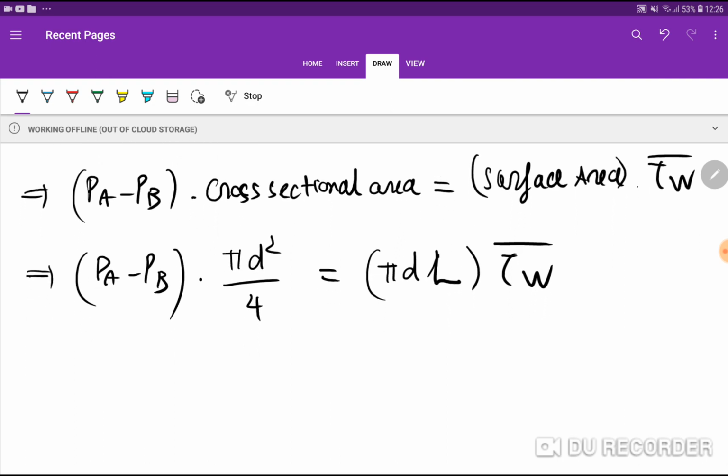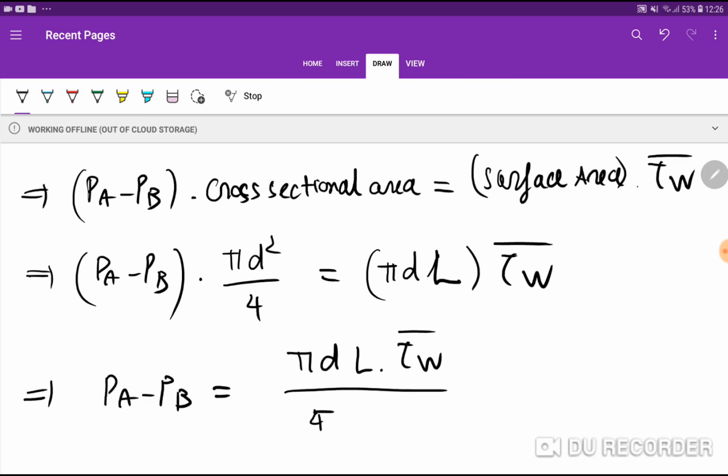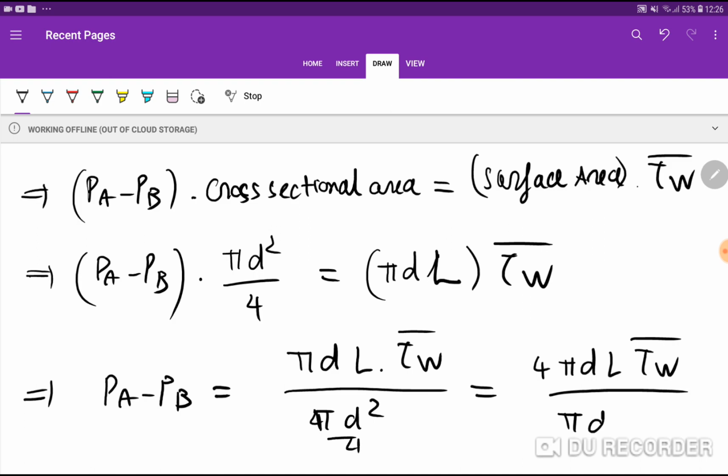Okay, so we can solve for PA minus PB is equal to pi dL times tau w over pi d squared over 4. So this equals 4 pi dL tau w over pi d squared.